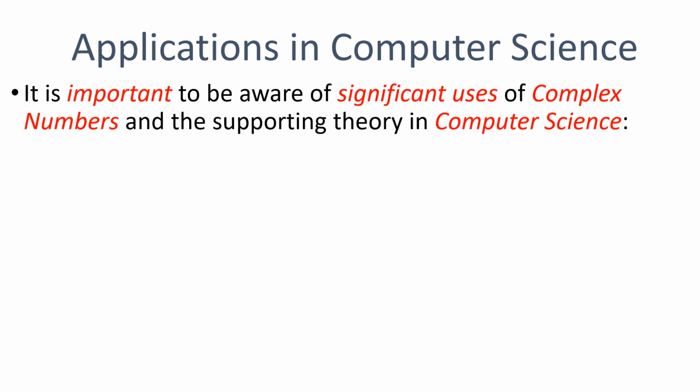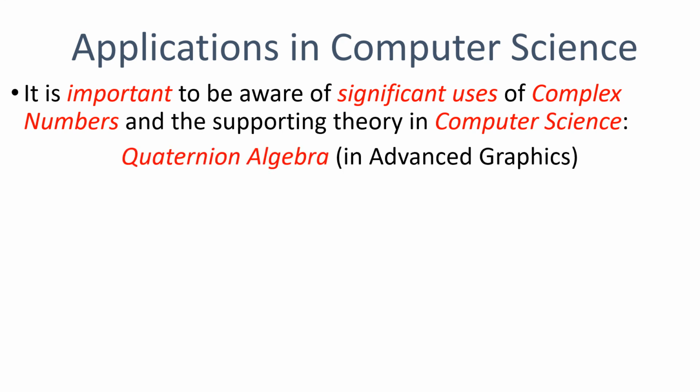You'll have to know about applications in computer science, so it's important to be aware of the significant uses of complex numbers and the supporting theory from complex numbers as they arise in computer science.